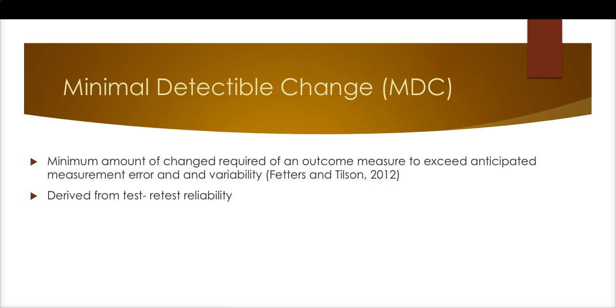However, in order to understand the extent of the variation or that change, you need to know how much change is needed in the first place. And that's what the MDC gives you. This change is derived by using an outcome measure's retest reliability and within subject standard deviation for a repeated measure, because you would be repeating this test over and over and over to identify change.